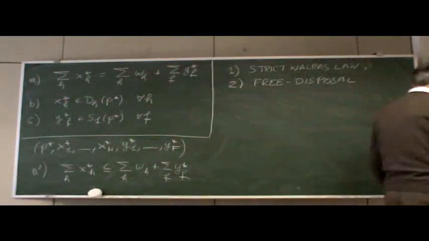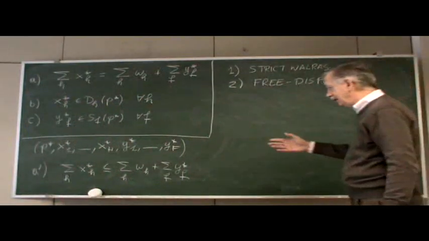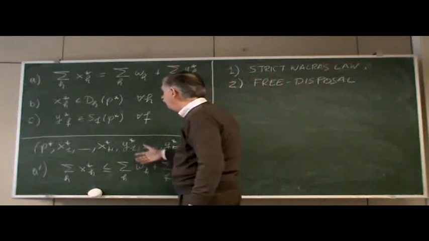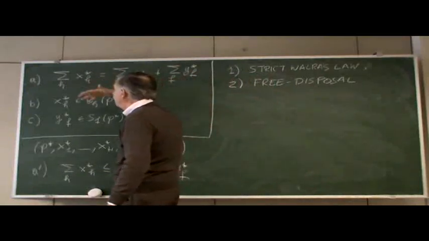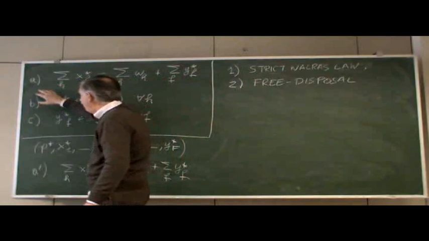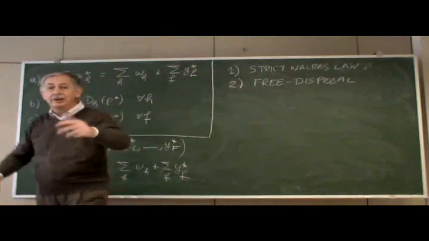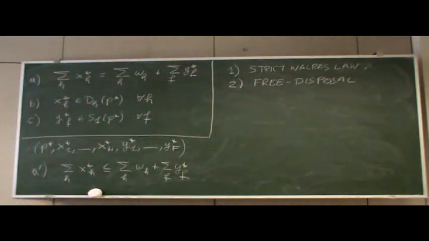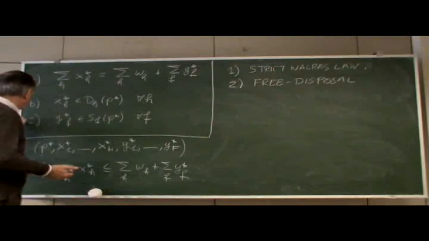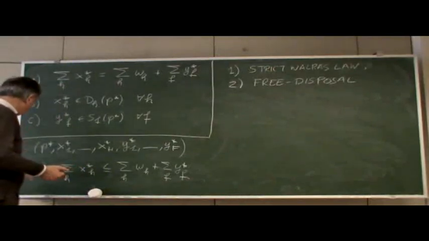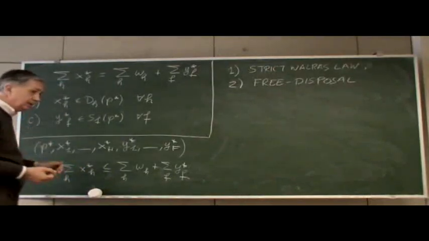If you succeed in finding this vector, you can prove that there is another vector which verifies A, B, and C, and vice versa. So, it is equivalent to prove that these three conditions hold, or to prove that A prime, B, and C hold.